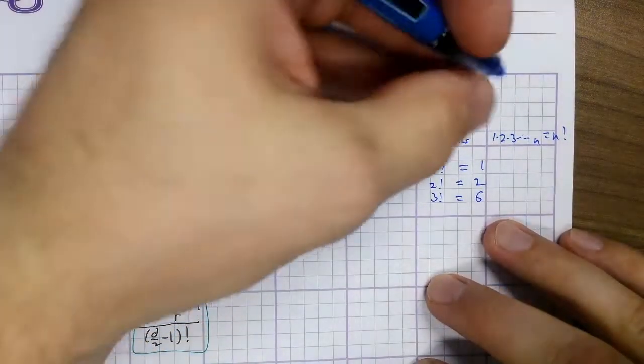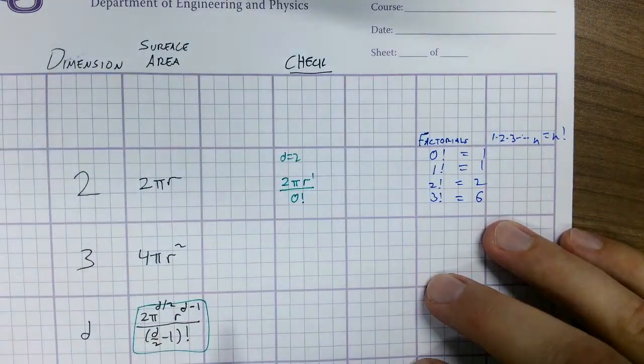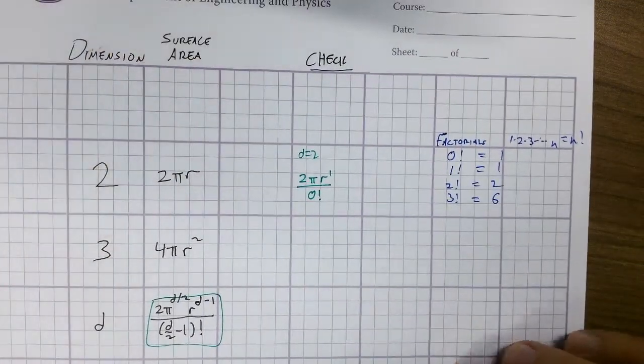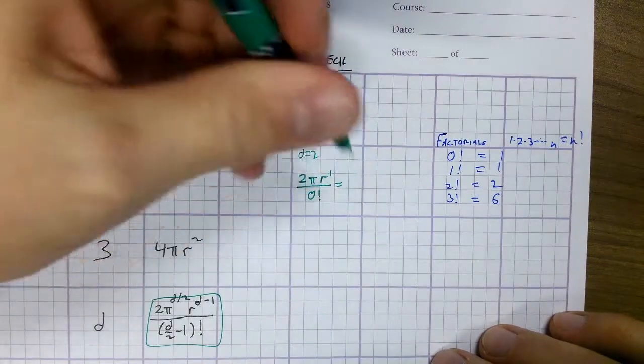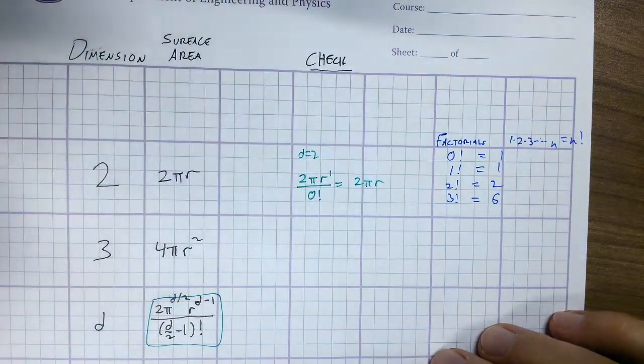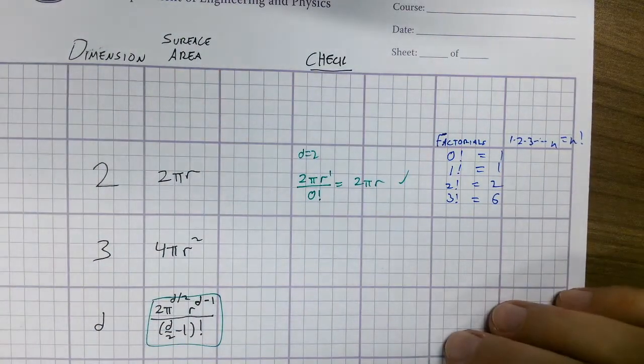It turns out, to fill out the pattern, 0 factorial is 1. Okay, we'll go with that. So I've got 2 pi r to the first power over 1, so that's just 2 pi r, which is the circumference, the surface area of our circle.